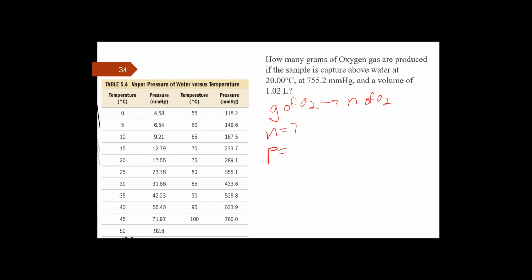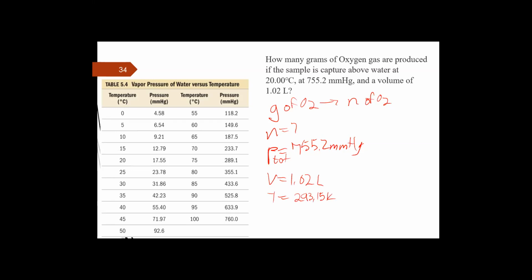Our pressure is 755.2 millimeters of mercury, and that will be our total pressure. Our volume is going to be 1.02 liters, and our temperature is going to be 20.00 degrees Celsius. So we want to update those, turn them into Kelvin for our temperature, so that becomes 293.15 Kelvin. Our volume is okay.